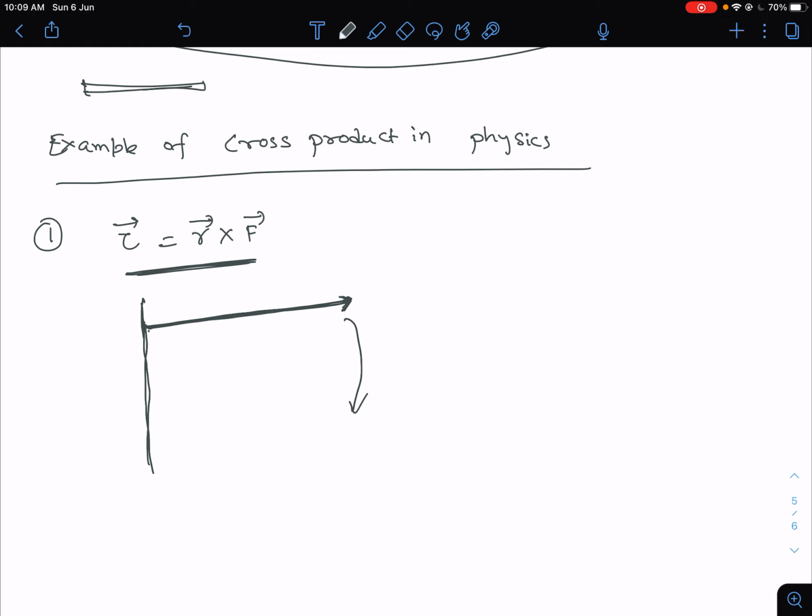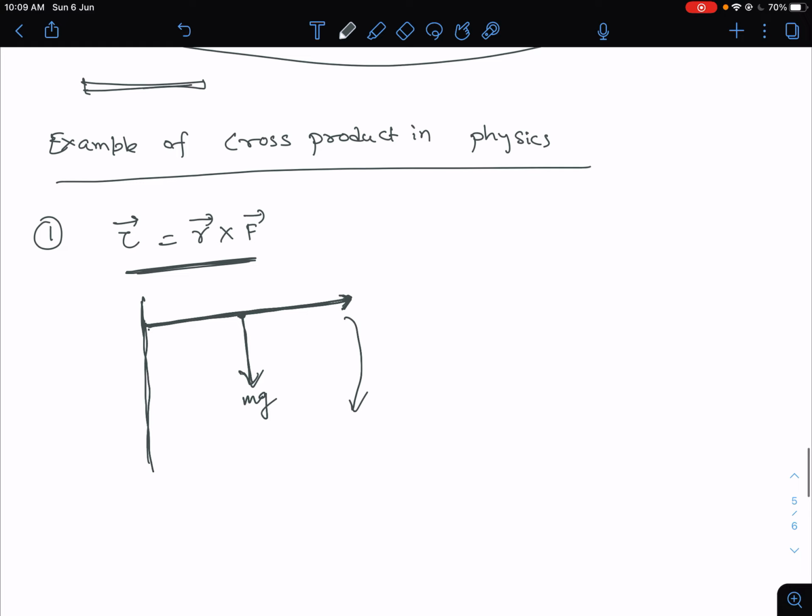The question is, why is it moving? It is moving because we have the force of gravity, mg, acting on that stick from the center of mass, let's say.